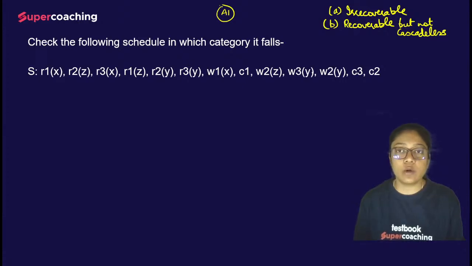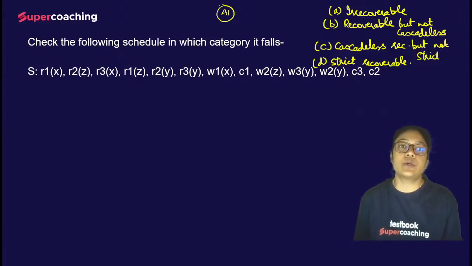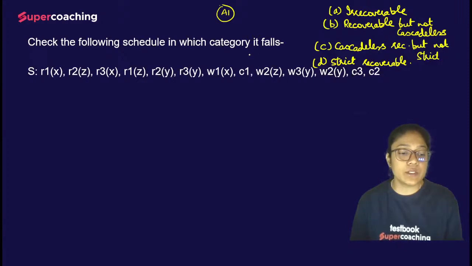Whatever answer you have got, please write that in the chat section. Then cascadeless recoverable but not strict recoverable, and the next one is strict recoverable. Very good evening, Kanchan.